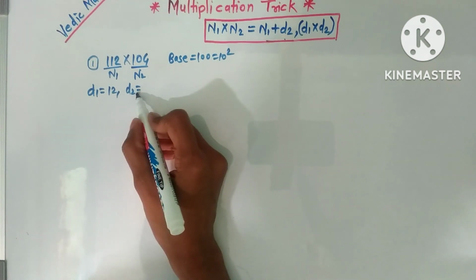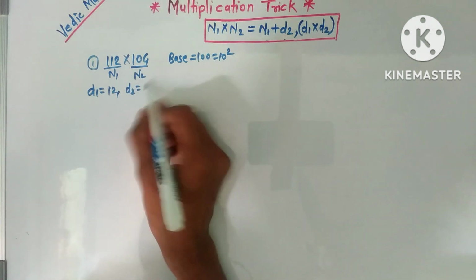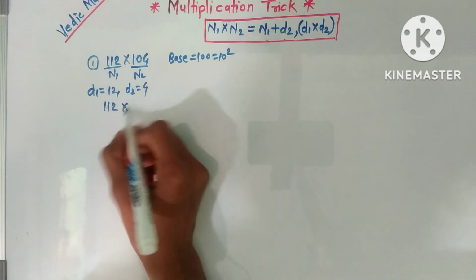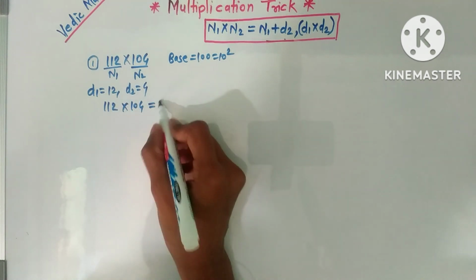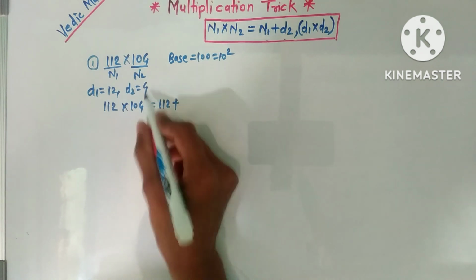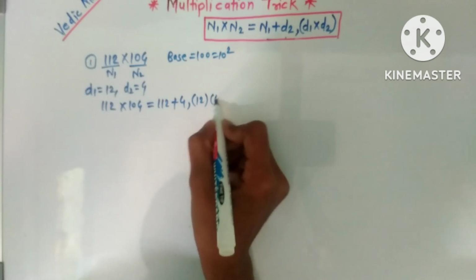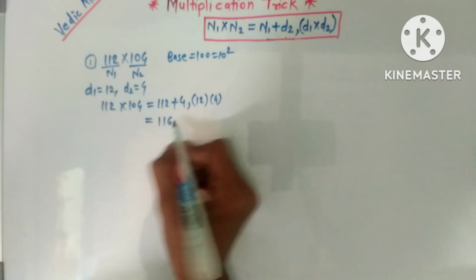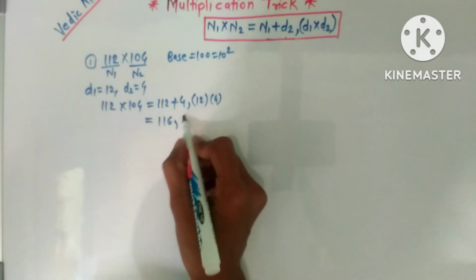So D2 means N2 minus base, 104 minus 100 means 4. So 112 into 104 is equal to N1, what is N1? 112 plus D2, which is 4, comma, D1 into D2. D1 is 12, D2 is 4. So 112 plus 4 means 116, comma, 12 into 4, that means 48.